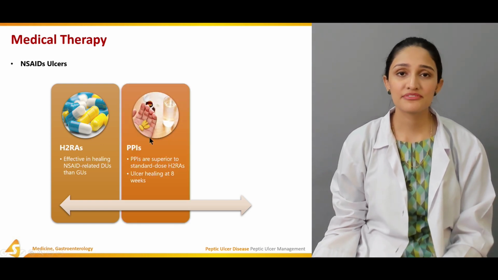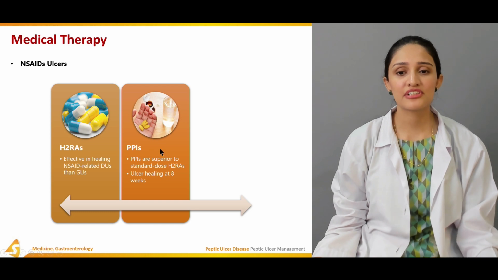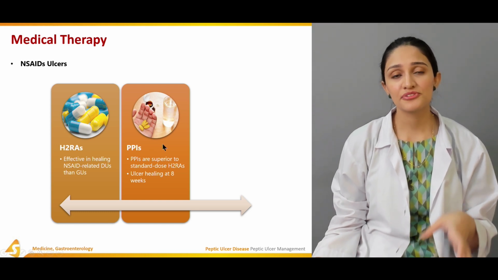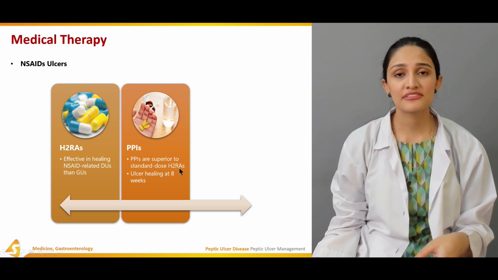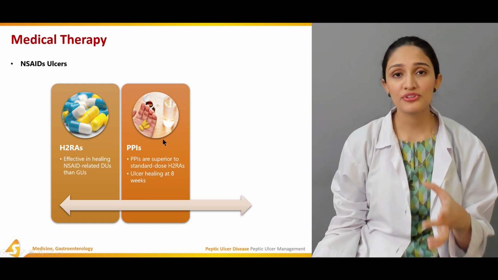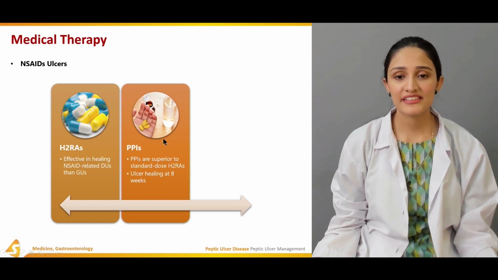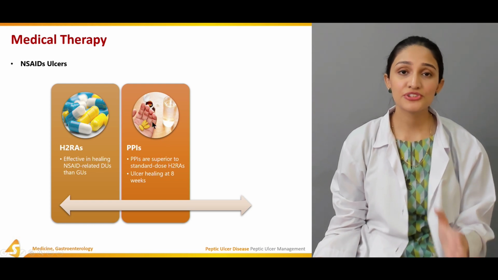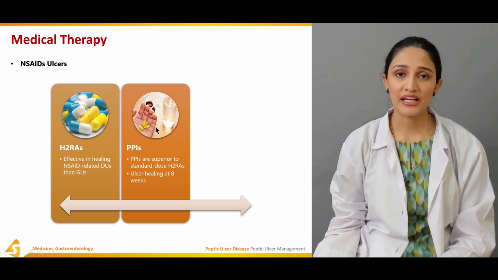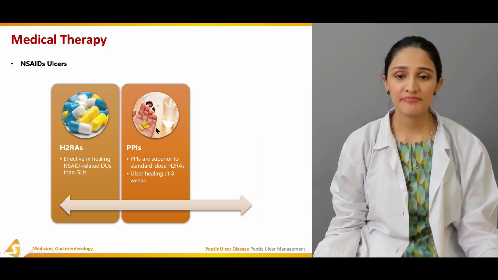Second being the most famous proton pump inhibitors, which are also superior to standard dose of histamine 2 receptor antagonists. They're more used in the treatment of NSAID ulcers, and the ulcers are usually healed at around the 8th week.